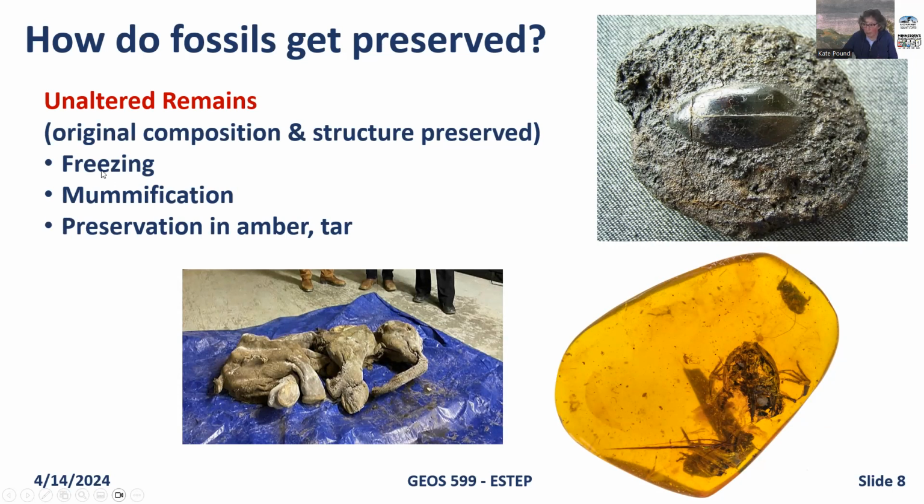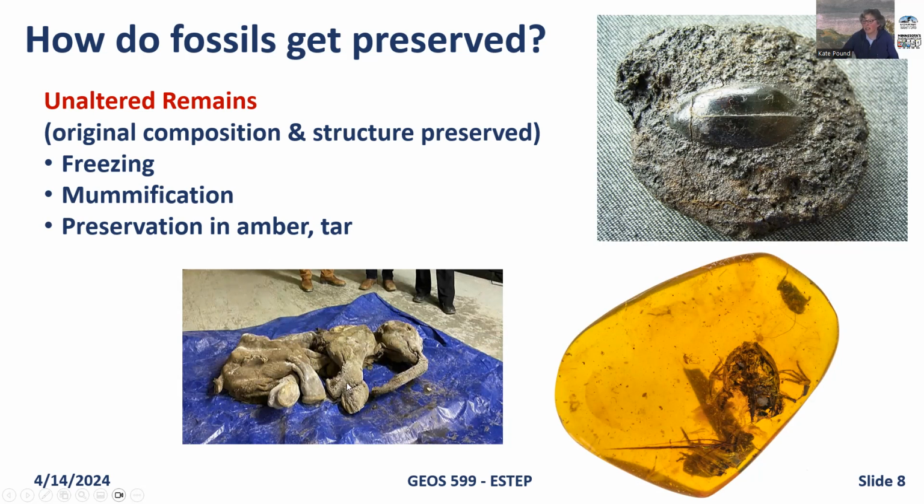What I picked up here is preservation by freezing, mummification, or in amber or tar. So it's not uncommon for gold miners in Alaska to find frozen woolly mammoths. This is a woolly mammoth calf that was frozen in permafrost that some alluvial gold miners found.